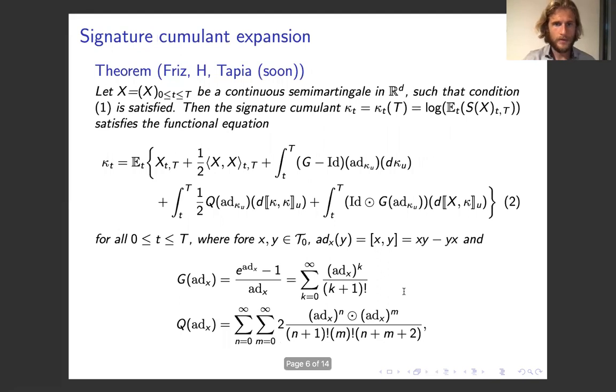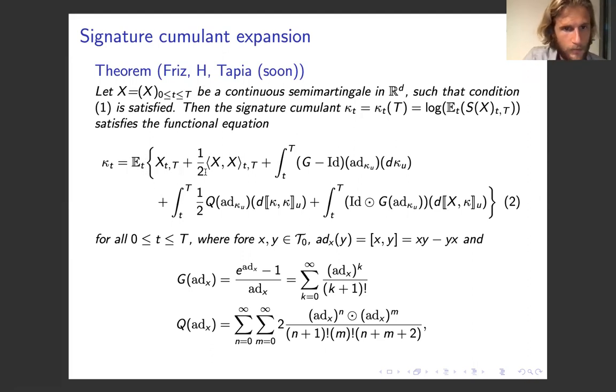Okay, so let me now present our main result. For a continuous semimartingale satisfying the just mentioned condition, the signature cumulant satisfies this functional equation. This is an equation between tensor series, and the signature cumulant is given by the conditional expectation.